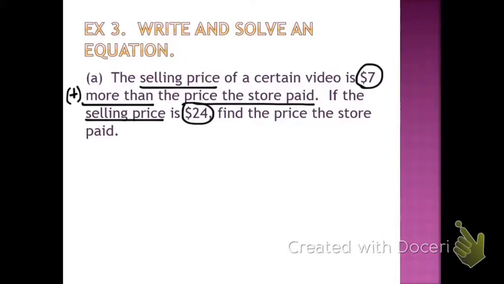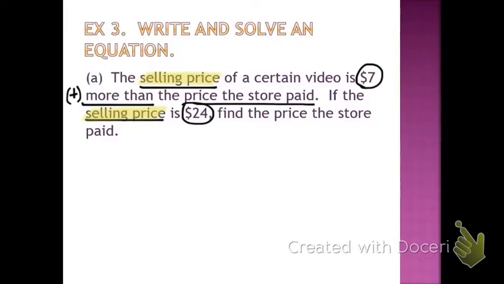Now, this is what I would do. I would highlight selling price and selling price. Because when you see the same word twice, that's a good indication that they have given you the information, the number that you need for that part of the problem. All right? So the selling price of a certain video is $7 more than the price the store paid. If the selling price is $24, find the price the store paid.